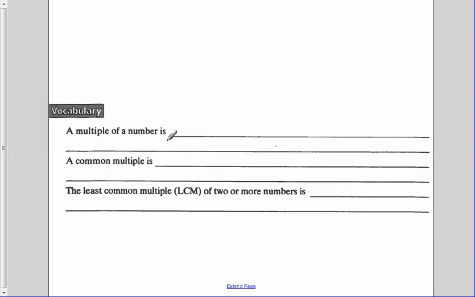So, looking at the multiple of a number. Well, a multiple of a number is the product of that number and a non-zero.